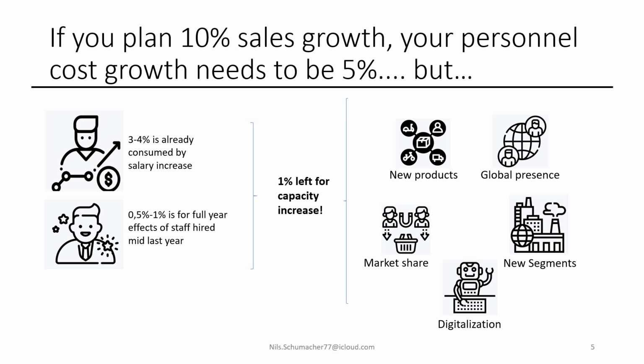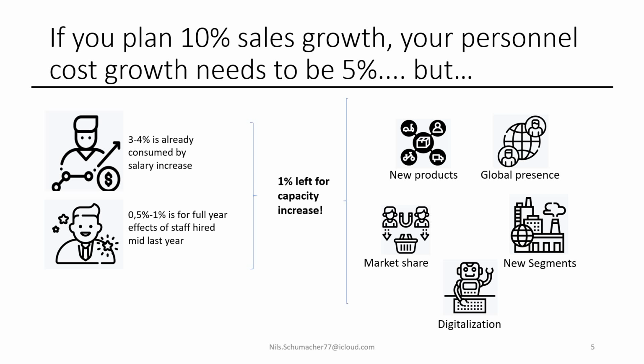Now, when we look at a 10% sales growth for most of our industries, that doesn't just fall out of the blue sky. We have to work for that quite hard. We have to come up with new products. We have to increase our global presence. We have to have market share gaining projects. We have to invest into digitalization and into new segments.